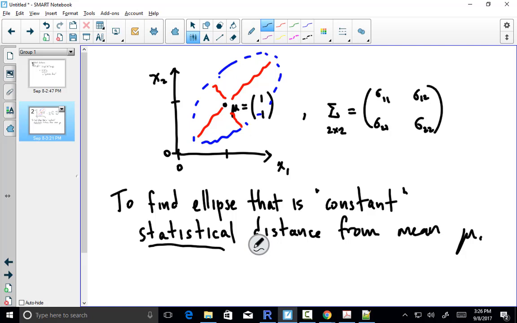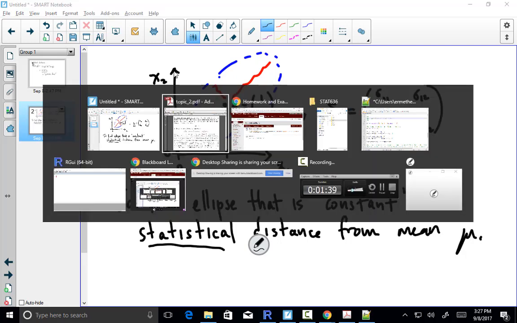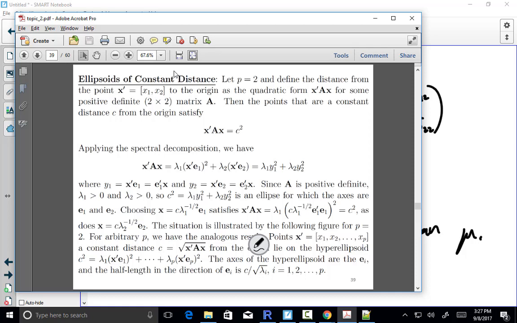The angle at which the axes are rotated, the magnitude of those axes in each direction, is going to be all about eigenvalues and eigenvectors. So we'll return to that. I do have a homework problem that asks you to basically find the ellipse of constant distance away that corresponds to an X% confidence interval.